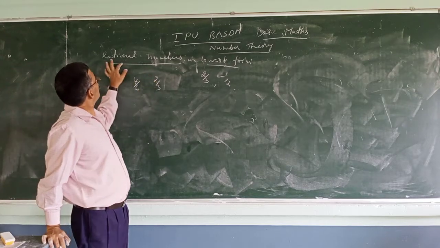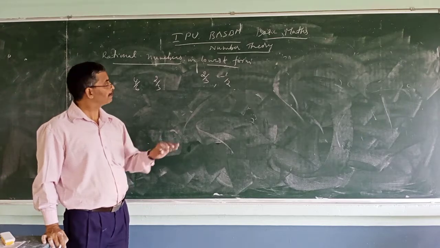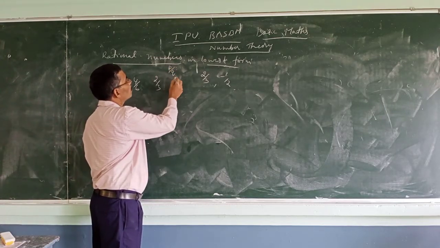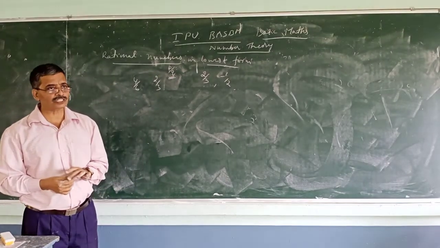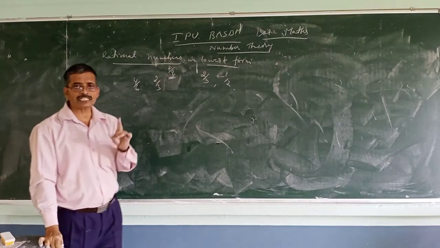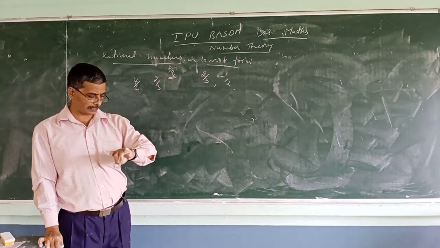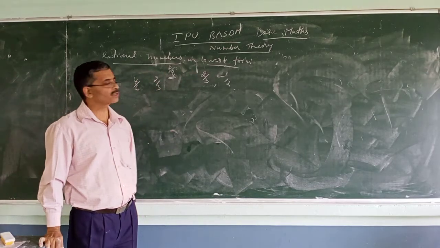So a rational number in lowest form is of the form P by Q, where P and Q are co-primes. That means the only common factor is the number 1.